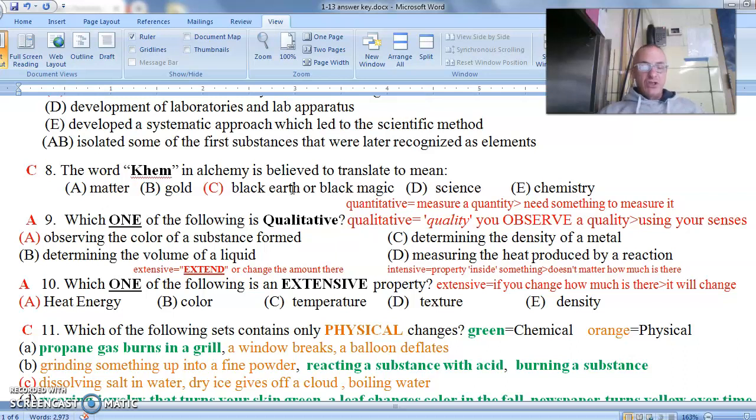The alchemists used that black earth in their studying of matter and trying to find the secret of transmutation of substances, ordinary base metals such as copper, into precious noble metals such as gold or silver. So chem is believed to come from that word meaning black earth.